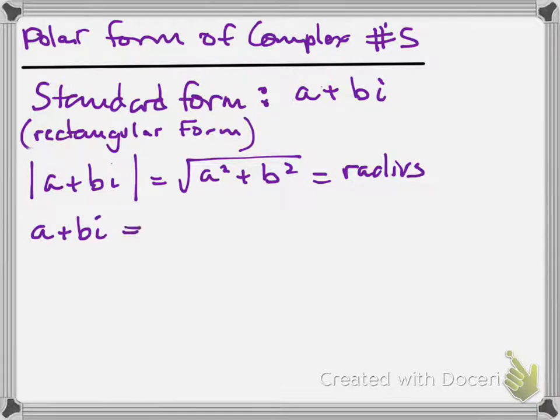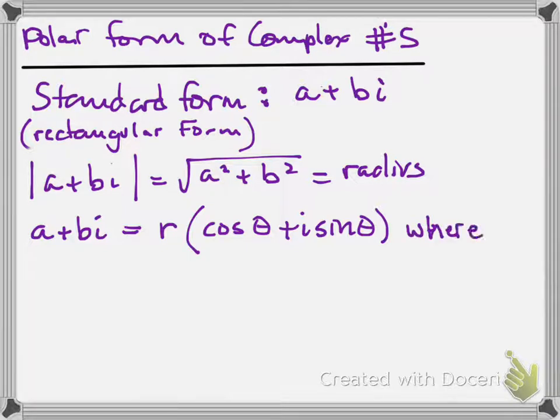So A plus BI equals, here's polar form, R, that's the radius, we already know what that is, times cosine of theta plus I sine of theta, where R is the radius of the number. That's also the absolute value, right? The radius of the number.